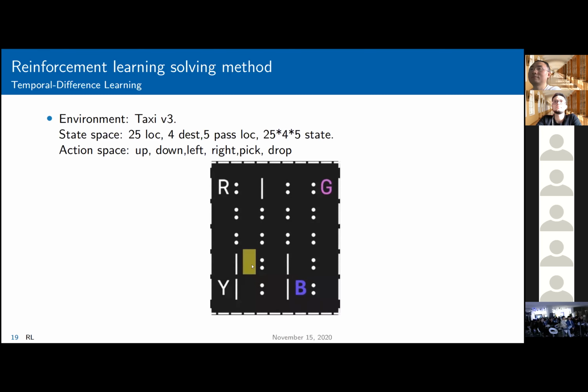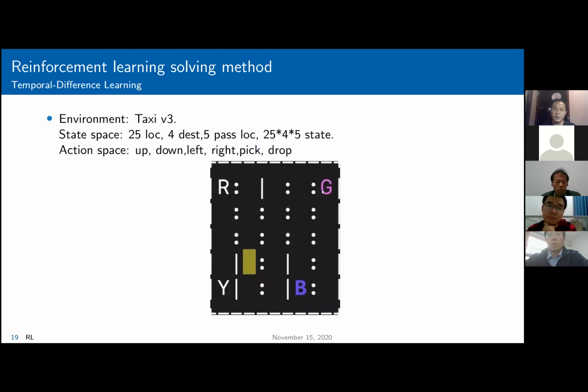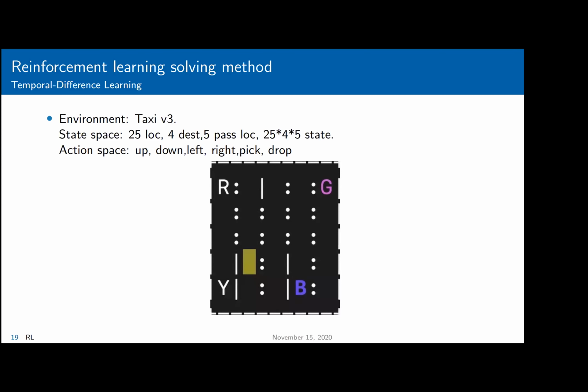The yellow square represents the taxi, and the vertical line represents the wall. The blue letter represents the location to pick up passengers, and the purple letter represents the location where a passenger gets off the taxi.